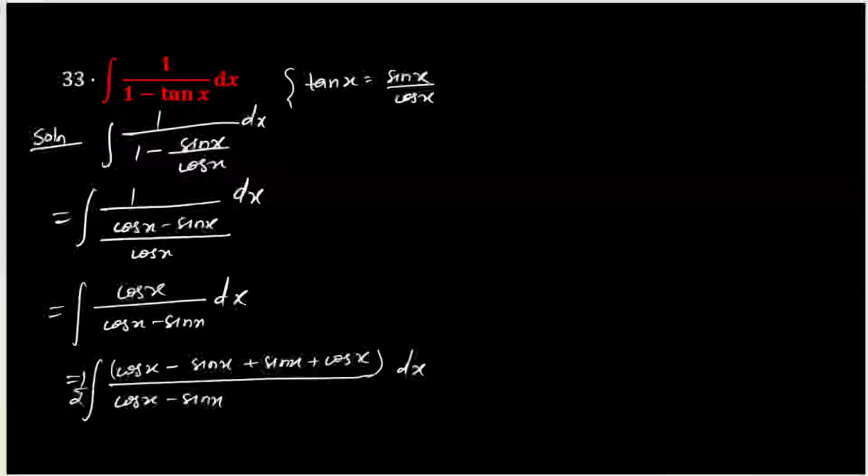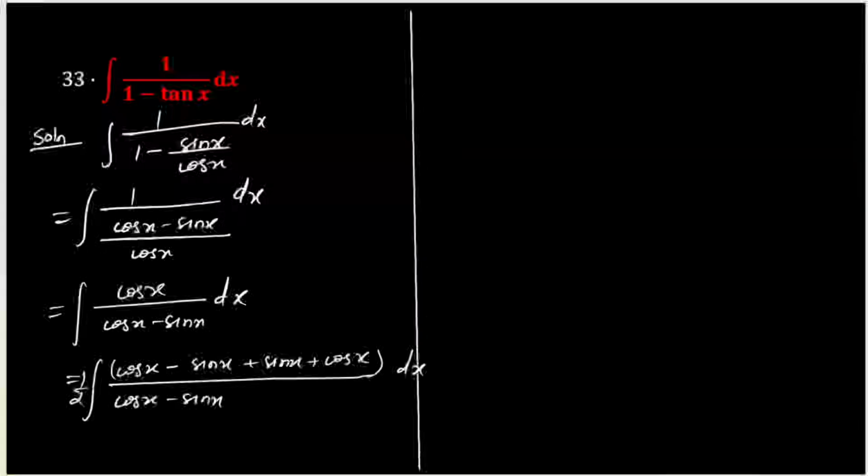So the next step is 1 by 2 integration of cos x, separate first term and second term.